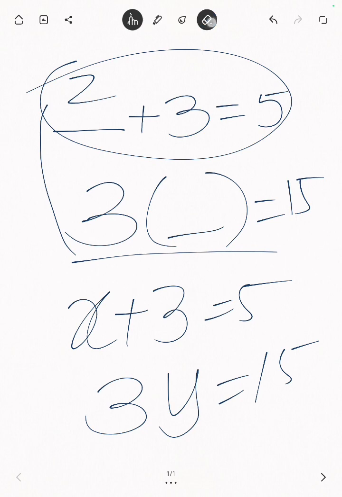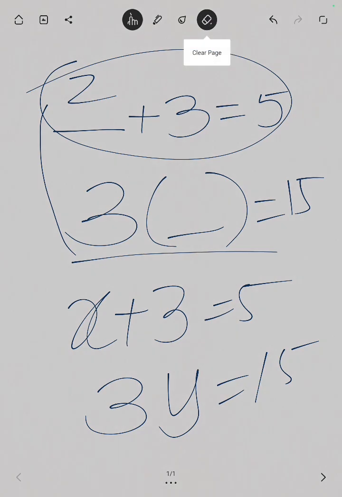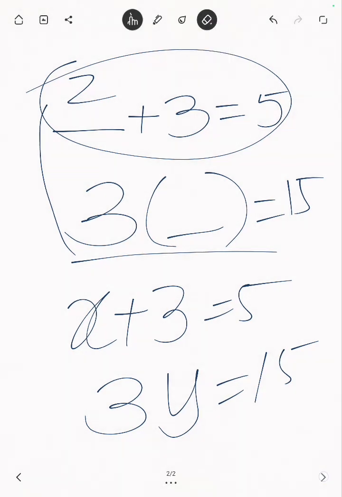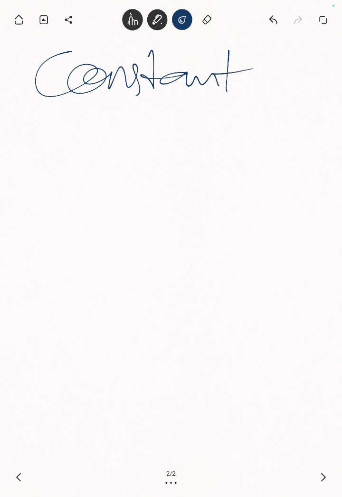The first thing we have to know here is constant. You all know the meaning of constant. What do you mean by constant? A thing which never changes is known as constant. What are the things that never change in maths? Numbers. The value of a number will never change.